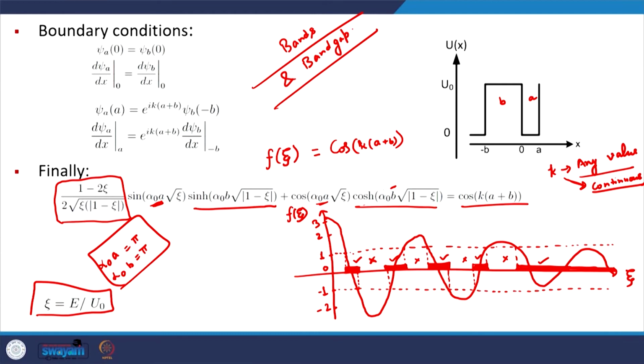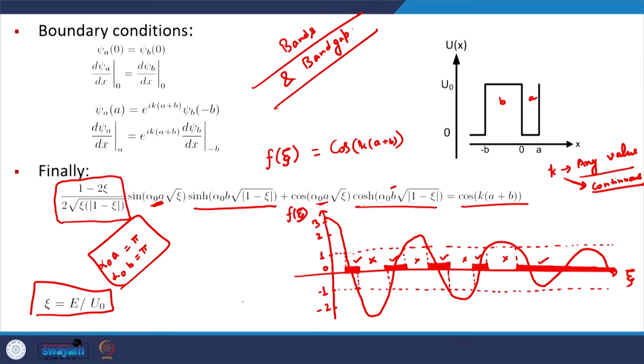So, the notion of bands and band gaps comes directly from the solution of the Schrodinger equation according to the KP model. That is actually the advantage of understanding the KP model. It very clearly explains how the notion of bands and band gaps arises in solids.